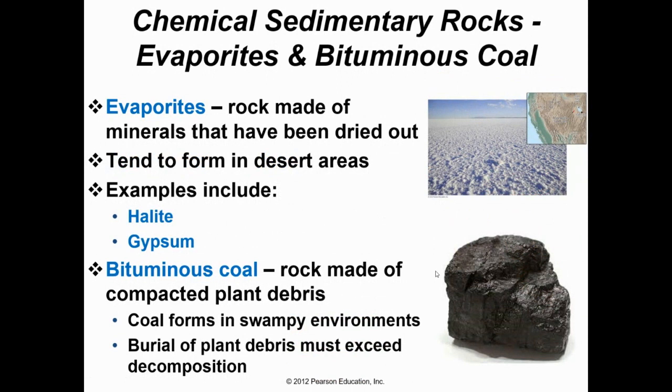Okay, then there's evaporites. So in rock form, if you put multiple individual minerals of halite or gypsum together, technically they become a rock. But just so as not to confuse anybody, we learned halite and gypsum as minerals, which is true. That's really how they should be classified.